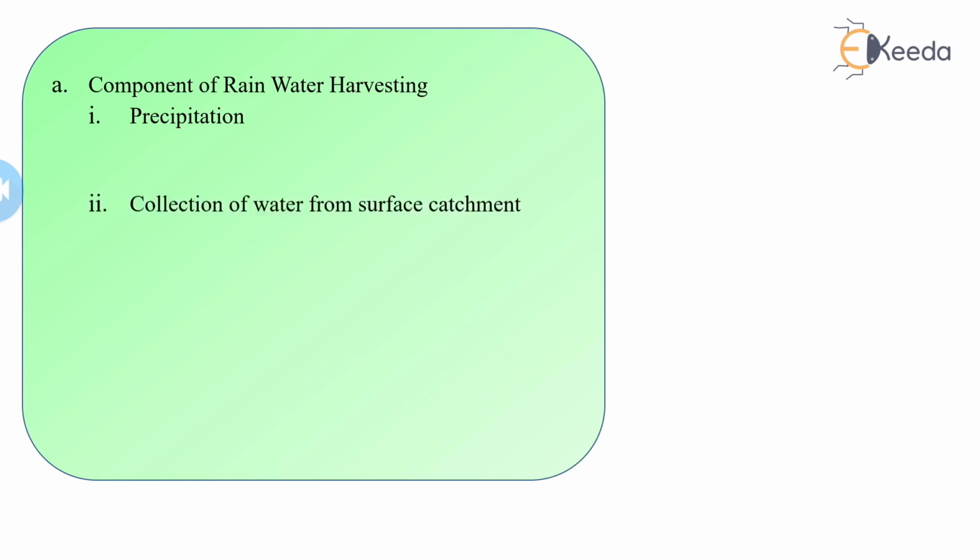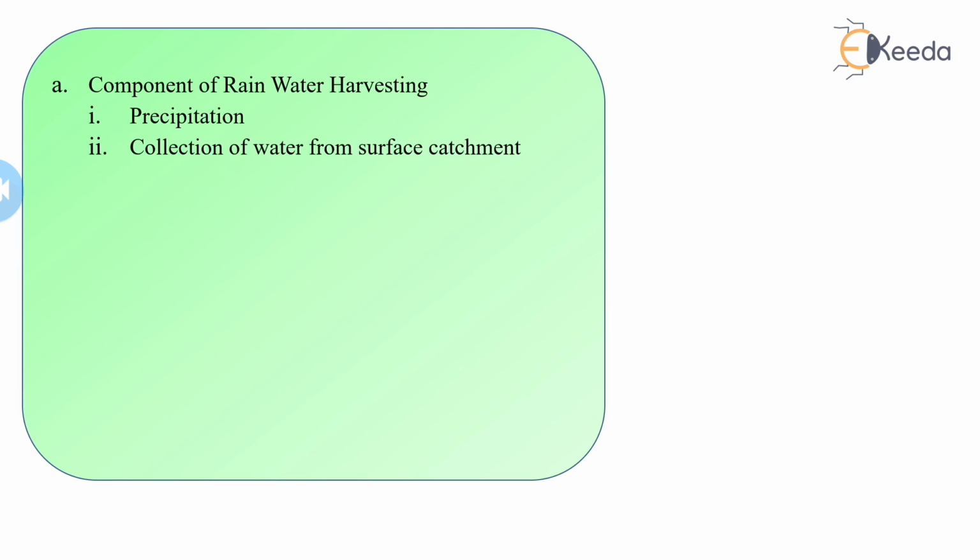So the components of rainwater harvesting: the first and very important factor is the required precipitation. Then the collection of water from the surface catchment area. If a house is there, we require the rooftop. If a natural stream is there, we require the catchment and watershed area. We require the surface runoff. Then the water storage.